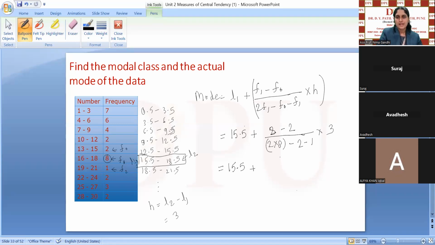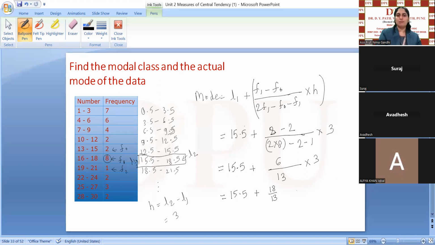15.5 plus 6 divided by 16 minus 3, into 3. So your answer is 15.5 plus 18 by 13. 18 divided by 13 is 1.384.